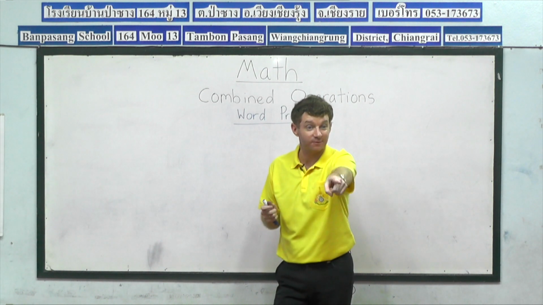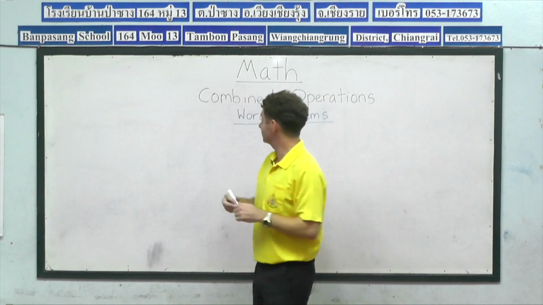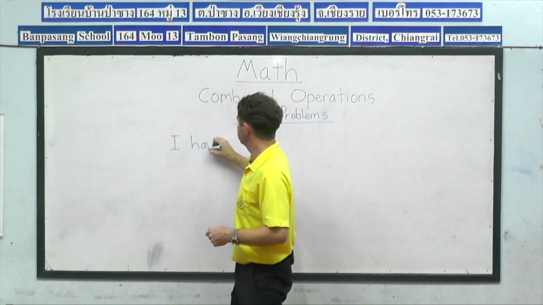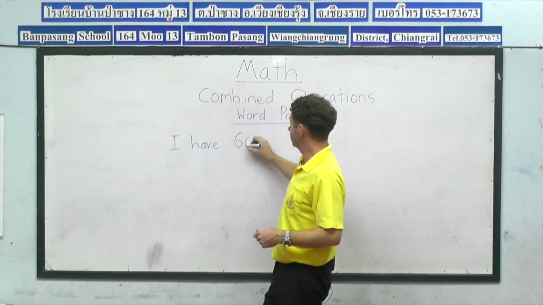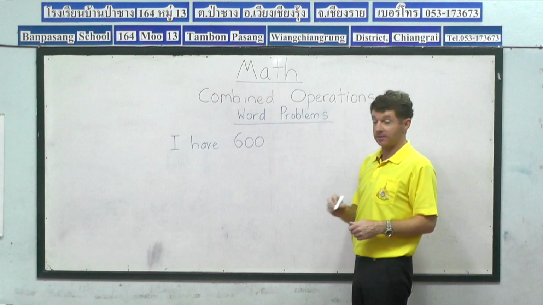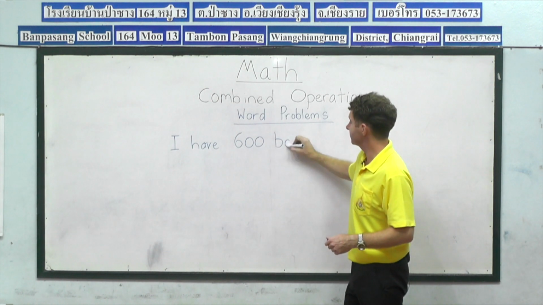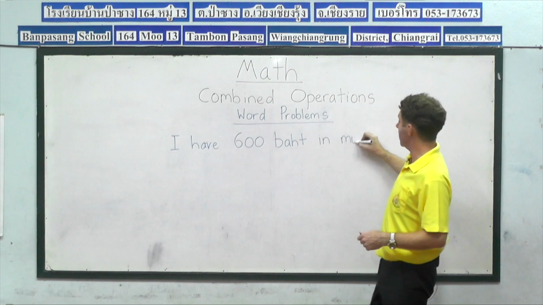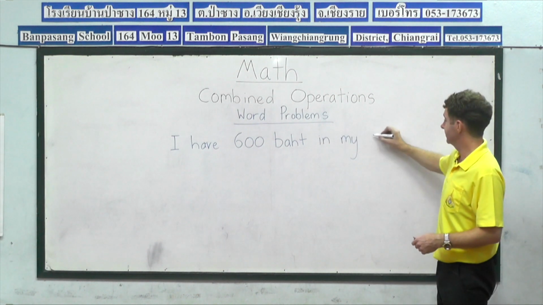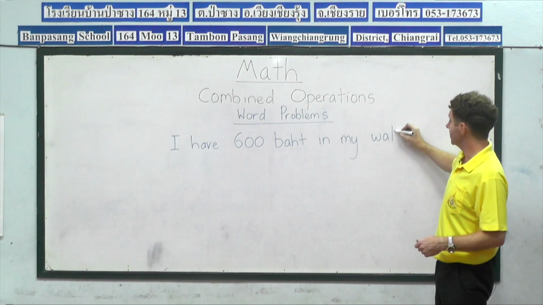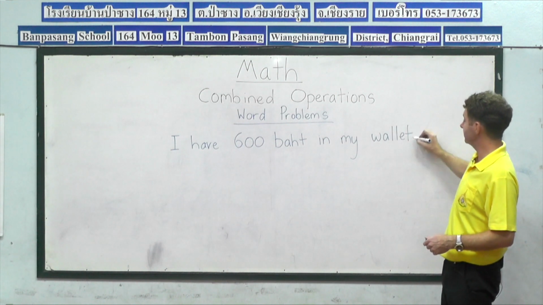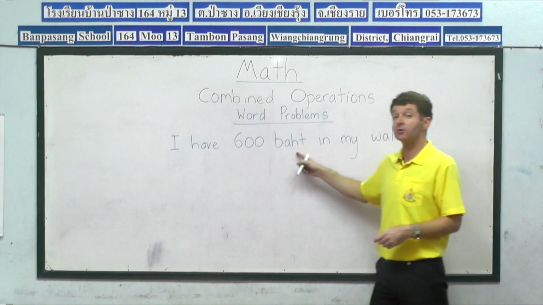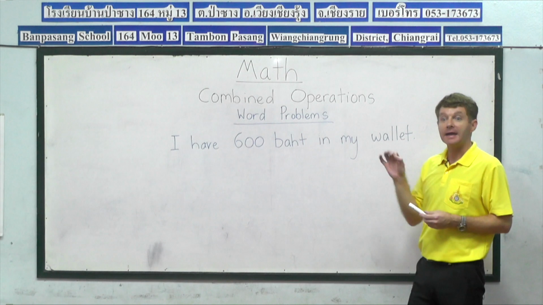So 500 plus 100. 600. Okay. I have 600 baht in my wallet. W-A-L-L-E-T. So altogether, I have 600 baht in my wallet.